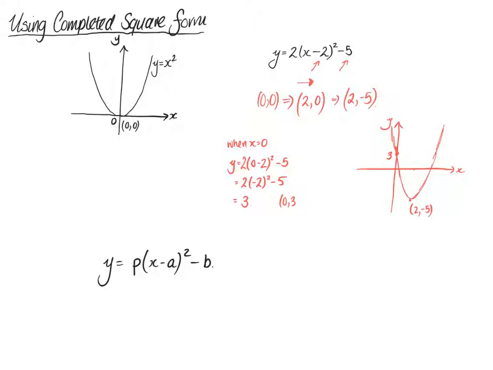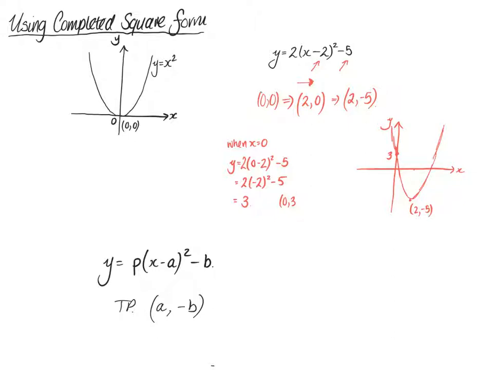We know that the turning point is always, if this is a minus, it becomes plus, so you've got to change the sign, and then it's going to be whatever b is. So as you can see here, in our bracket, we've got a minus 2, so our turning point becomes 2, and the minus 5 becomes 5, and that's the same for any graph we've got.